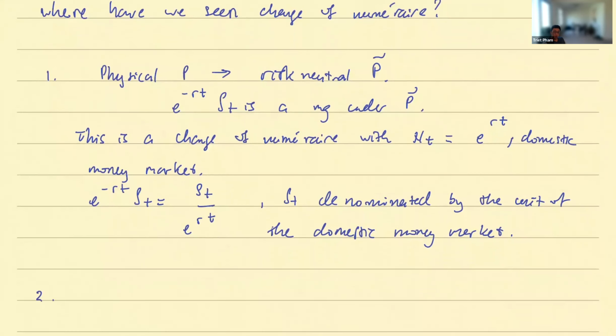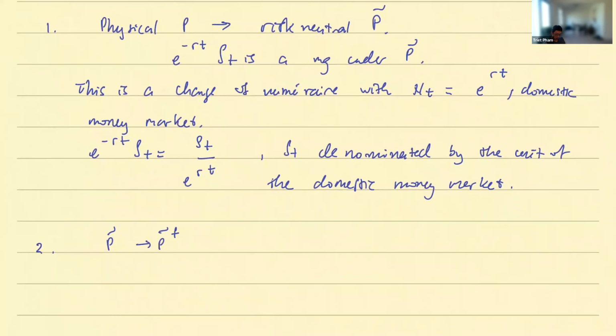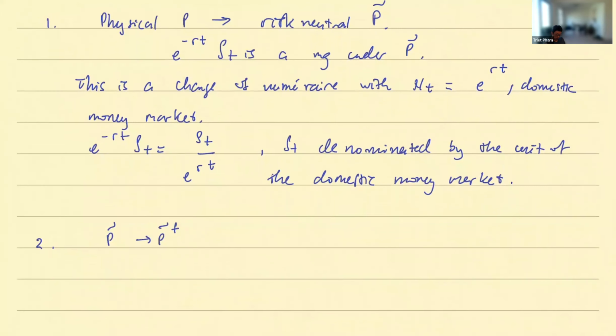Now, the second one, which is more significant in this lecture, and that's what Fatima was trying to write, is P tilde to P tilde F. What's NT here? NT here would be the foreign money market times QT.